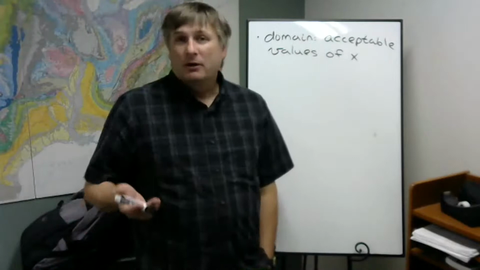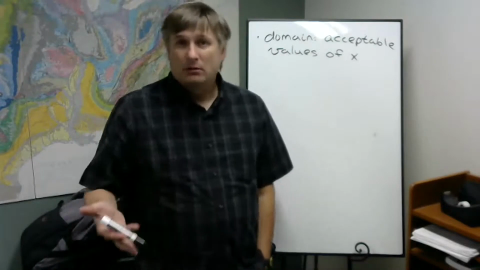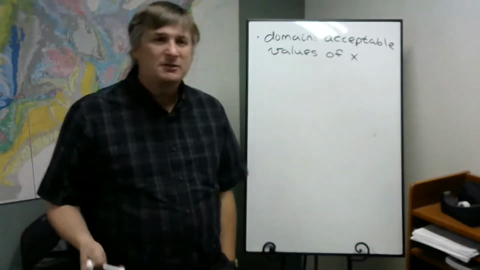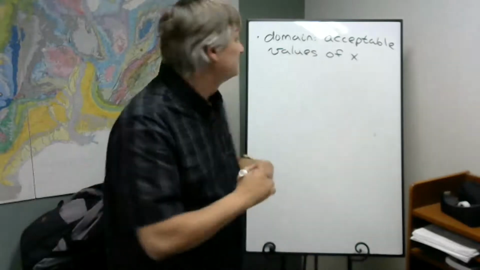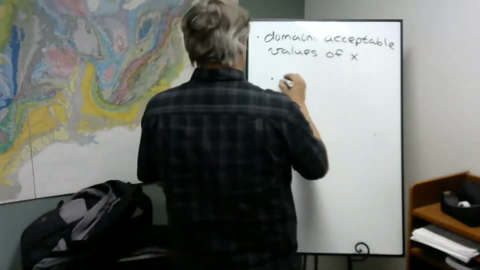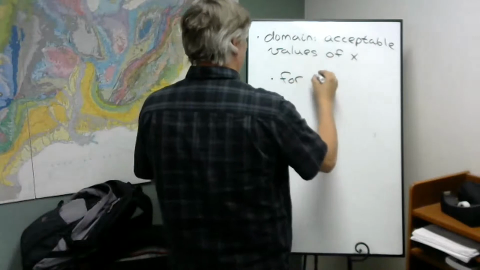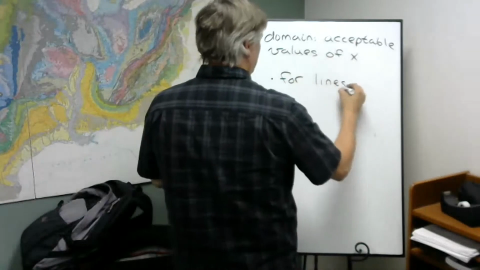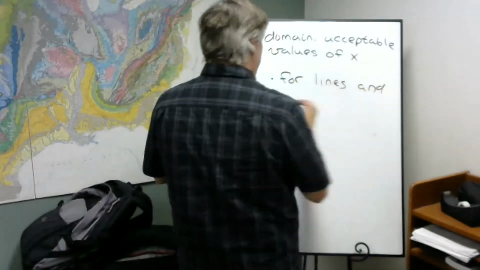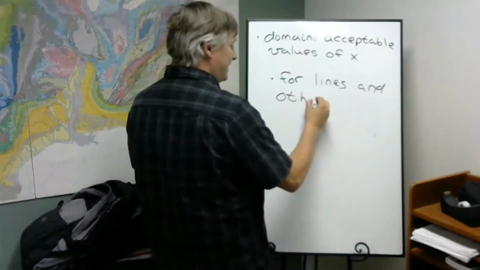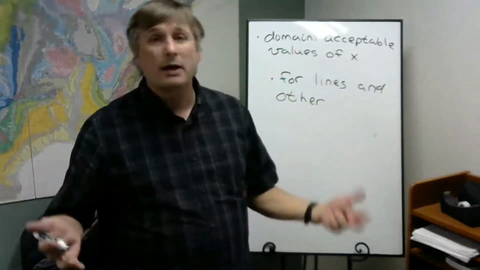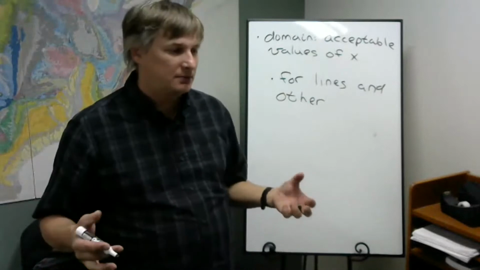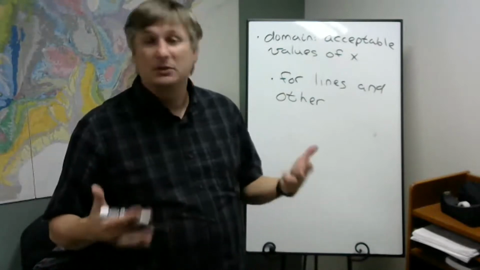Well, so far we've mostly worked with lines and polynomials. And when we're working with lines and polynomials, all the values of x are acceptable. I'm going to say other polynomials because technically lines are polynomials. They're degree 1 polynomials where there's only an x term and it has at most degree 1.